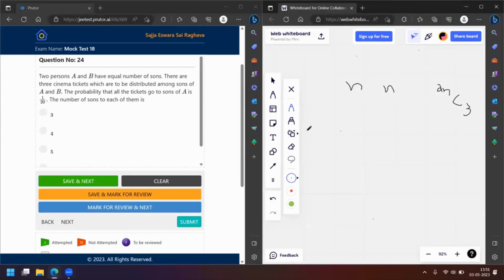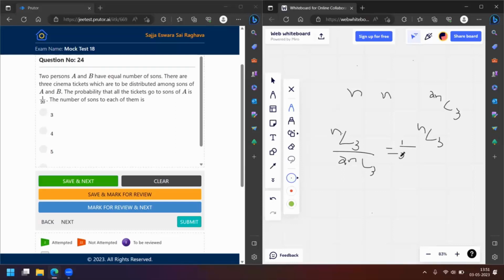It is given that the probability that all tickets go to the sons of A has nC3 favorable ways. So our required probability is nC3 by 2nC3, which is given as 1 by 20. By expanding the expression we can find the value of n.